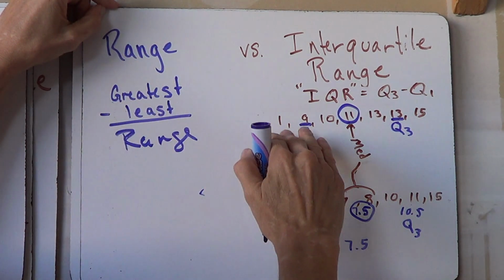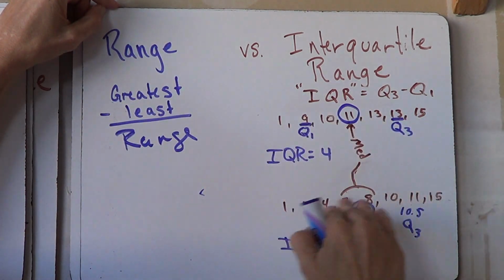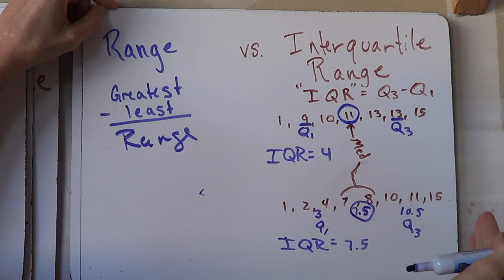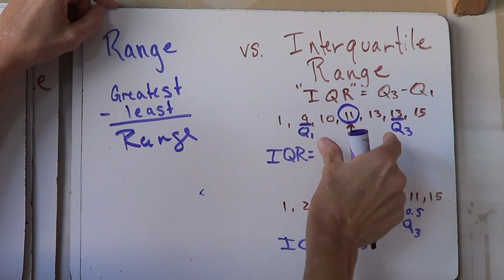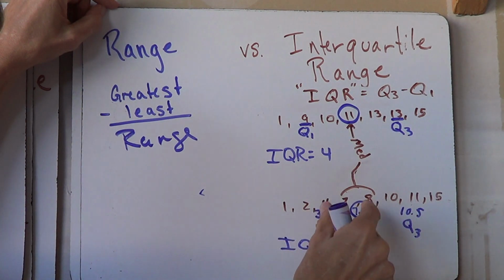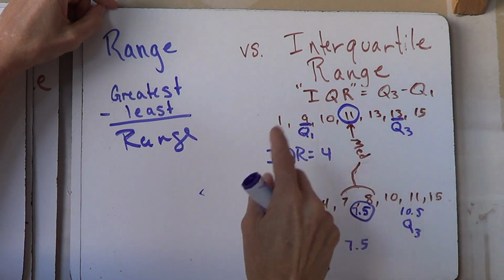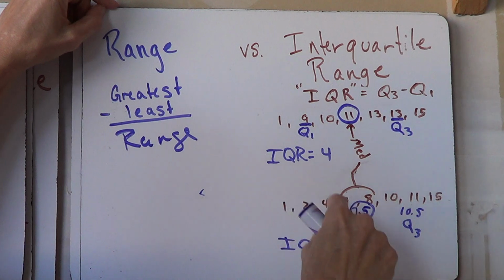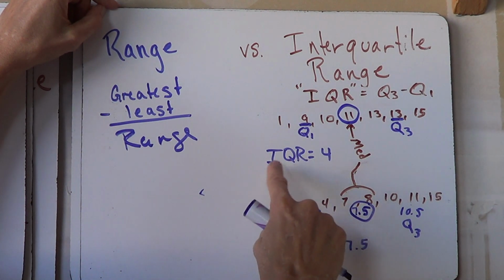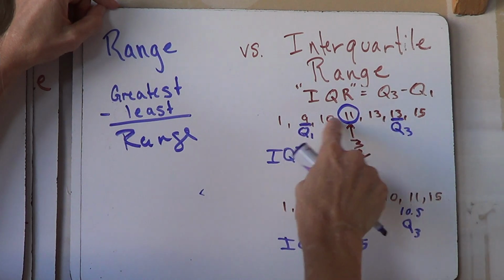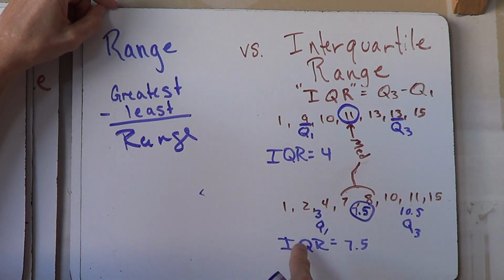The range of these data would be 14 for both of them. That doesn't tell us that this data is a lot closer and this data is a lot more spread. But our IQR will tell us the spread of this one and the closeness of this one. The IQR being 4, because it's real close inside here. The IQR here being 7.5, because it's more spread out.